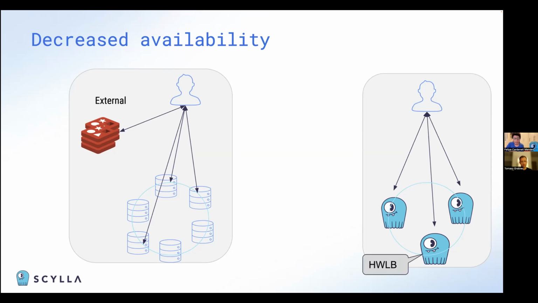So, in ScyllaDB, you also need to perform maintenance operations. So you have to upgrade your cluster, do a cluster rolling restart, and so on. But in ScyllaDB specifically, we implemented an optimization called heat-weighted load balancing.